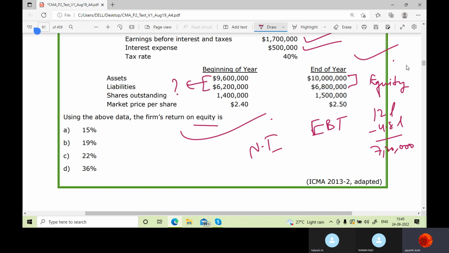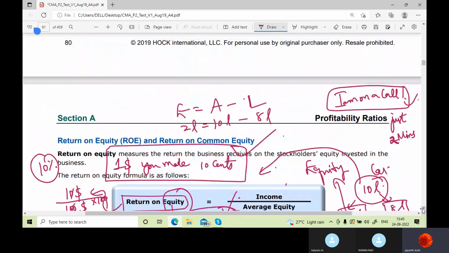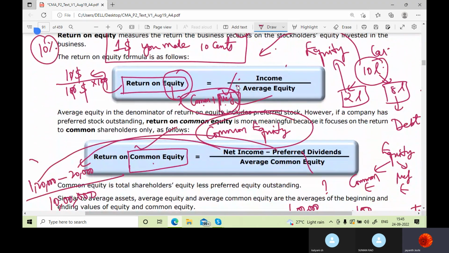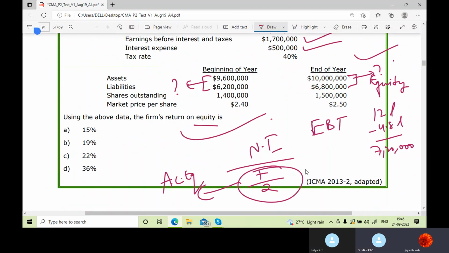Find out this value, find out this value, add both of them and divide by 2, you get average common equity, correct? That's what the formula says. If you have 2 years of data, they are looking for average equity.